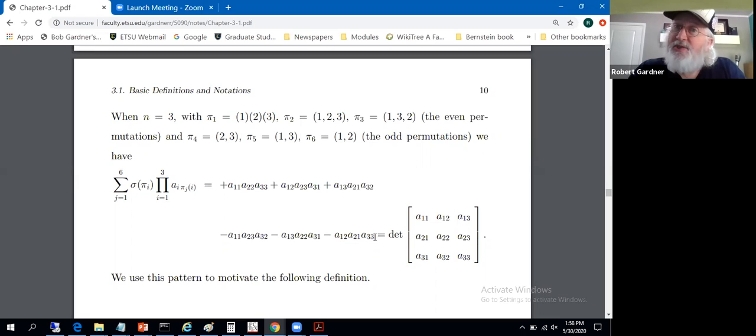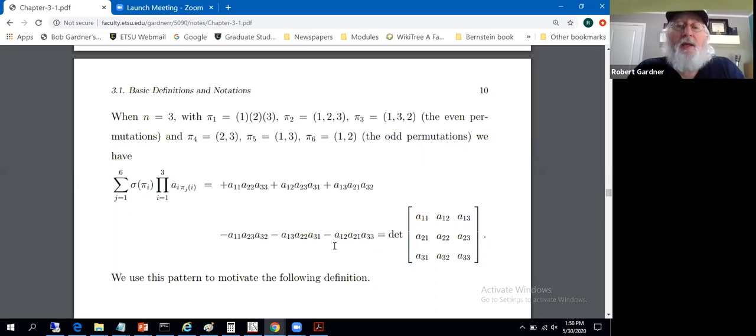That's why there are 6 terms, 3 factorial. That's why half of them are positive. These are associated with the even permutations, the alternating group, A sub 3. And these are not. These are the other elements of the symmetric group that aren't even. These are the odd permutations.